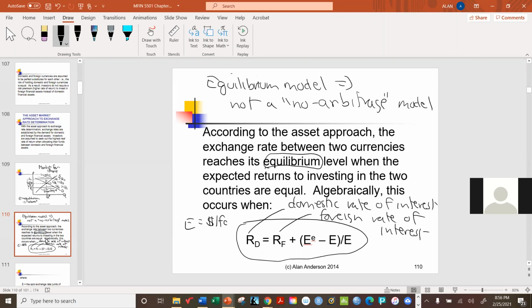Now, here's something new. E with a little tiny e superscript. This E means that this is the so-called expected spot exchange rate. What does that mean?